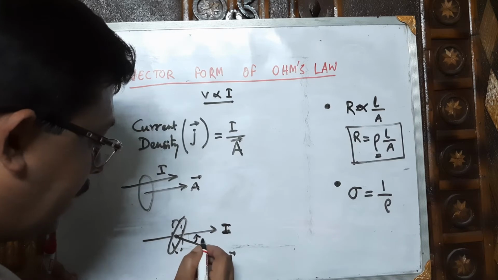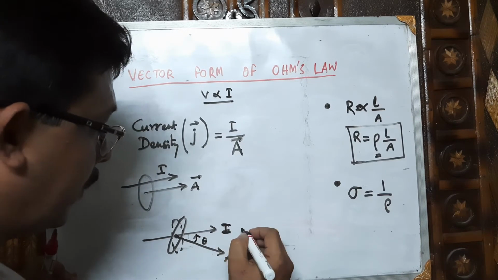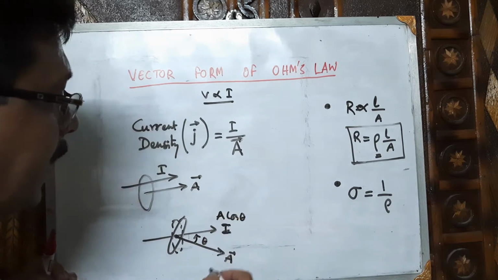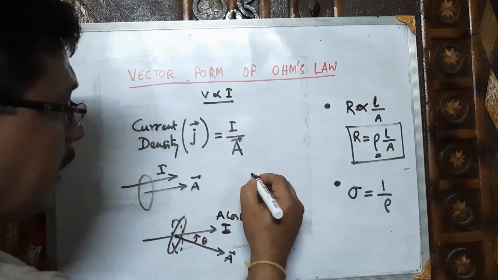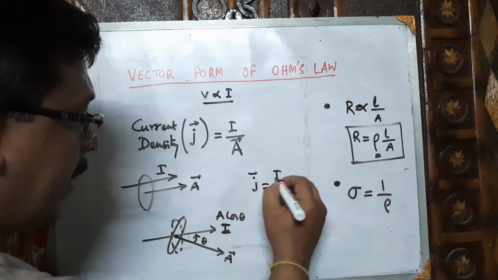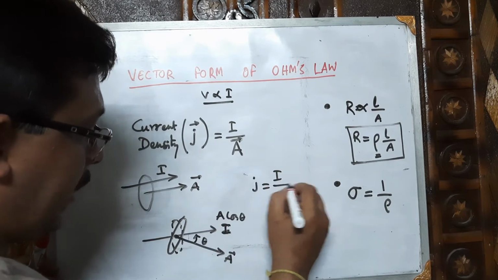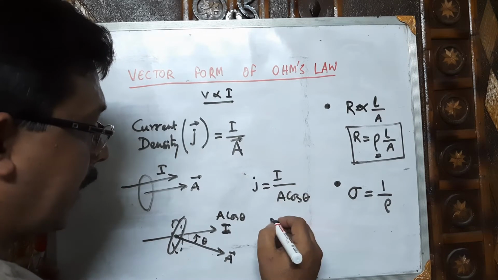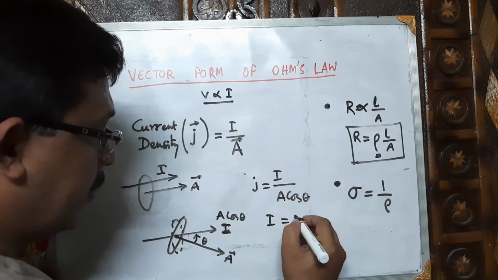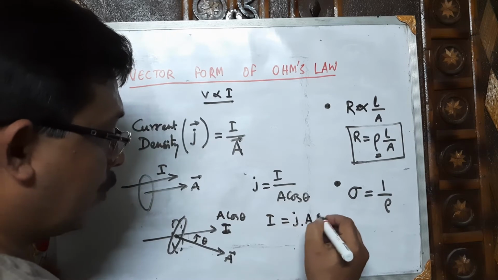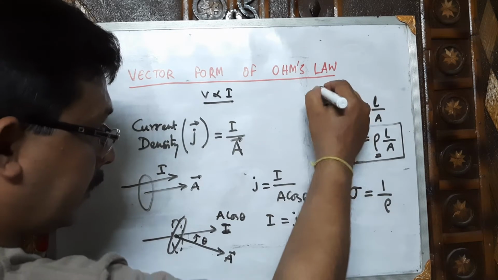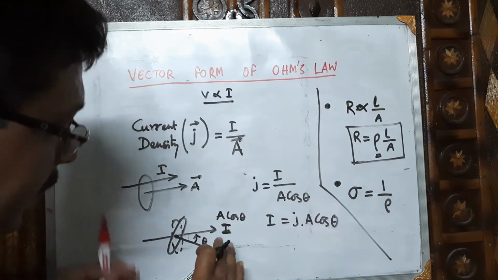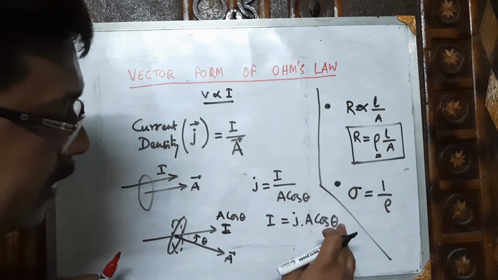If the angle is theta, the component along the current will be A cos theta. So current density will be J equal to I divided by A cos theta. Or you can write I is equal to J into A into cos theta. Clear? If the area is a little bit slanted, J cos theta.